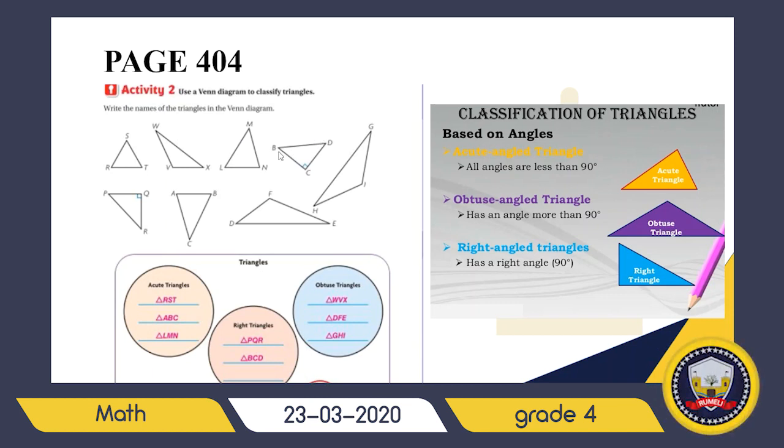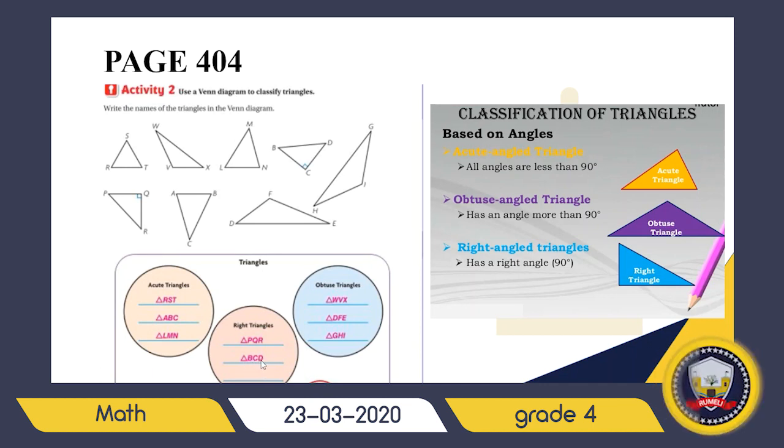Let's check triangle BCD, DCB, CDB, doesn't matter, you can switch their place. So I can see a right angle here. If there is one right angle, it is an example of a right triangle. So I need to write its name into this category, triangle BCD.